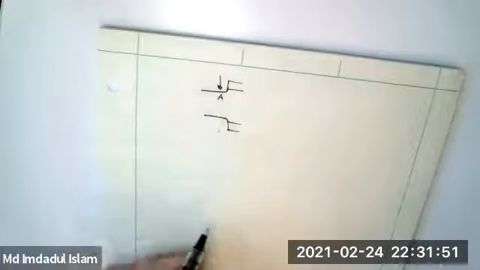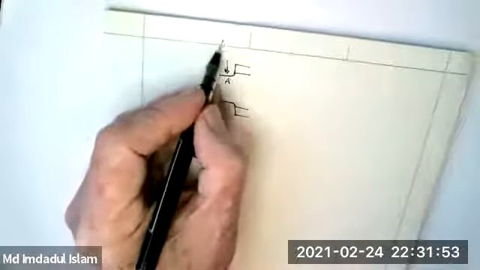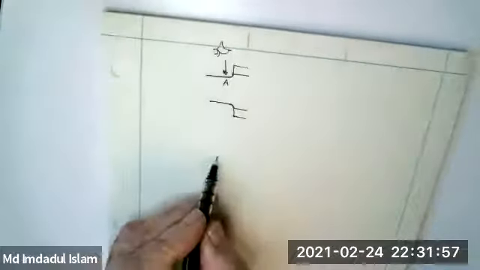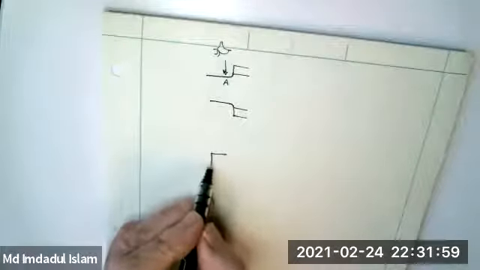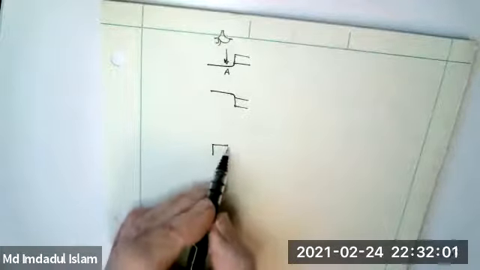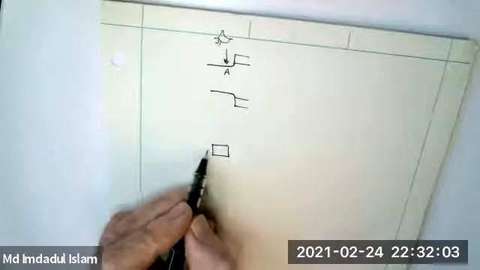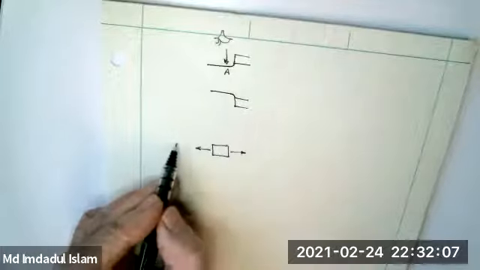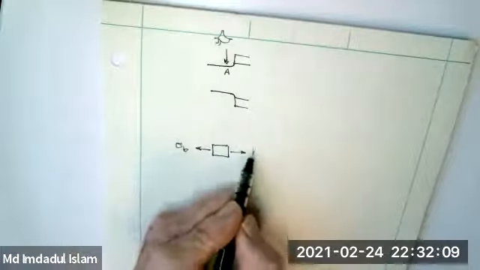This is point A. And if you're looking down at A, what you have is a uniaxial stress state, sigma B.